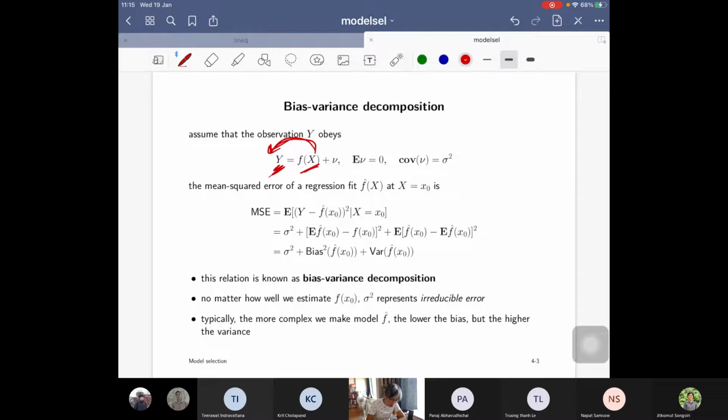And this is the assumption that your data is generated in this way, the data generating process, that your y has a relationship with f, plus some corrupted noise.